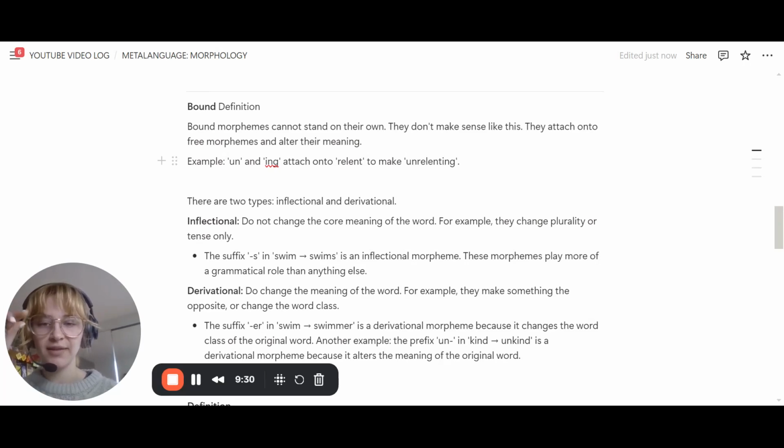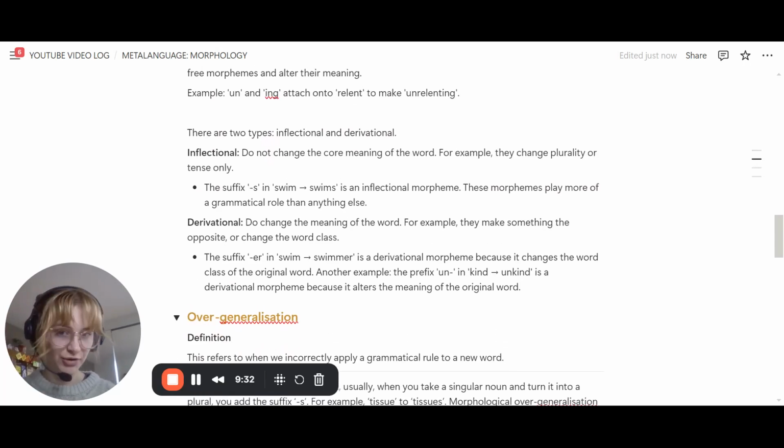There are two types: inflectional and derivational. Inflectional bound affixes do not change the core meaning of the word. So what do I mean? They can change, for example, plurality or tense. Those are grammatical changes. For example, the verb to swim, if I add the suffix on the end, swims, I'm still talking about the verb to swim.